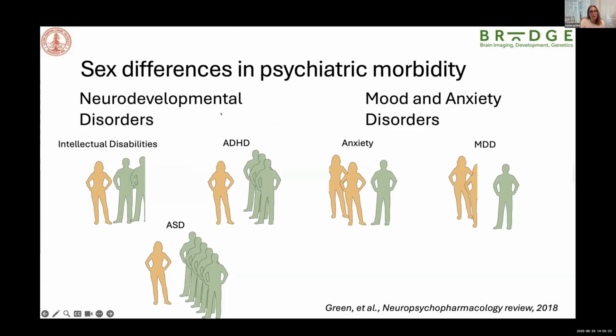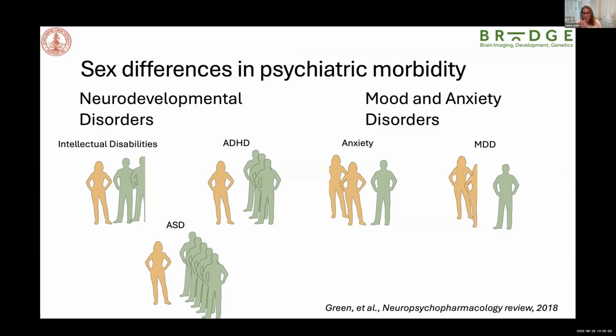As you can see on the slides, on the left, we have this discrepancy between the sexes when we think about neurodevelopmental conditions like intellectual disabilities, ADHD, and autism. We see higher rates of males versus females affected by these conditions. These conditions also affect kids, and by adulthood we see something different.